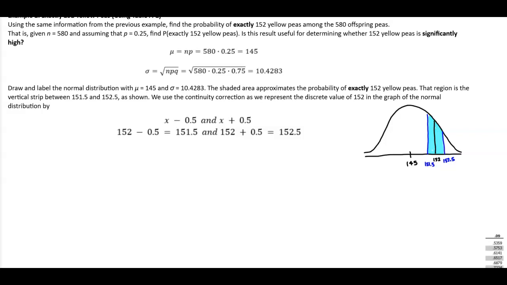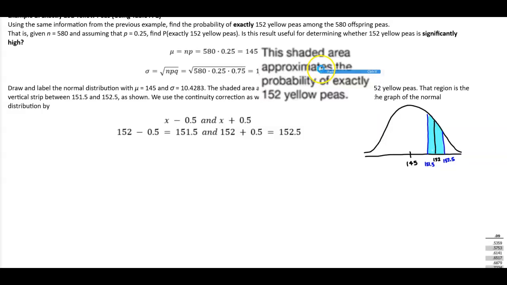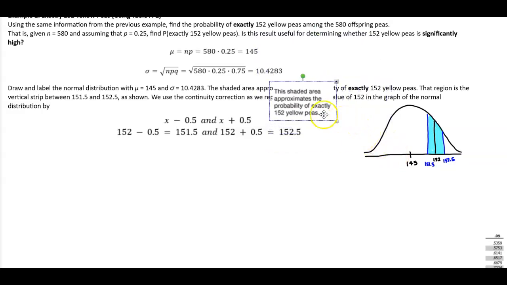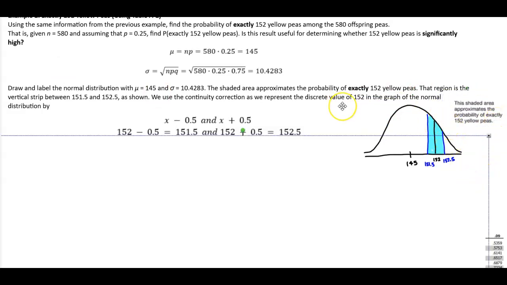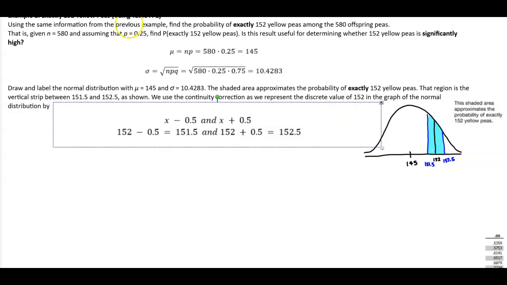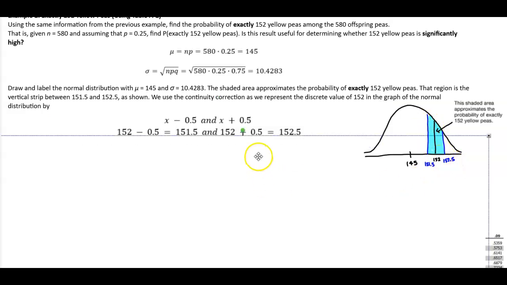This shaded area approximates the probability of exactly 152 yellow peas. That approximation means we look at the left, which is 151.5, and to the right, 152.5, and 152 lies within there.